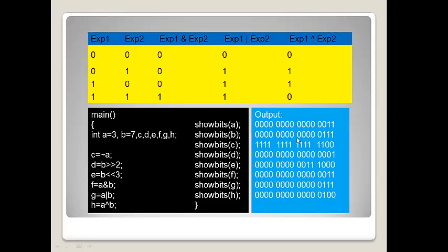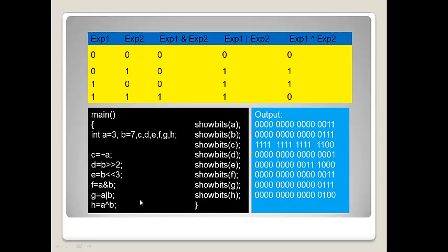Right shift 2 means 2 bits on the right side are truncated, then 2 zeros are added on the left side, so the total remains 16 bits. In the triple one, the right side double one is truncated, then double zero is added on the left side. This is the right shift operator.